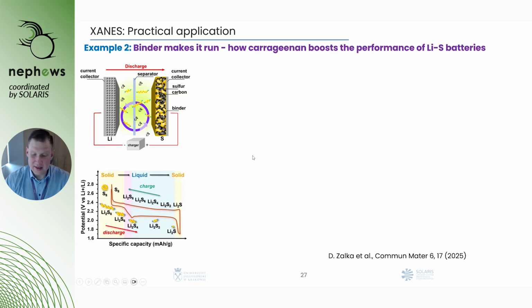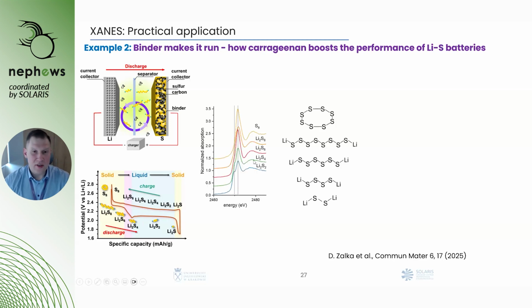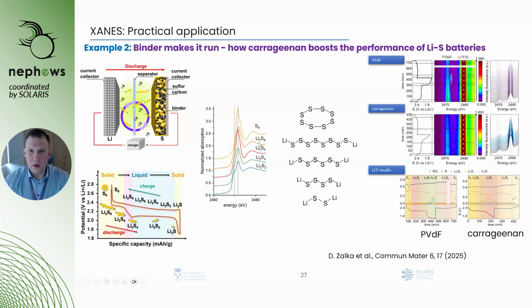In order to make this analysis, we measured different sulfur compounds, and as we already discussed, each chemical compound has a very specific spectrum. Here you can see different compounds which we have measured. Also, we measured spectra of the working battery during charging and discharging.